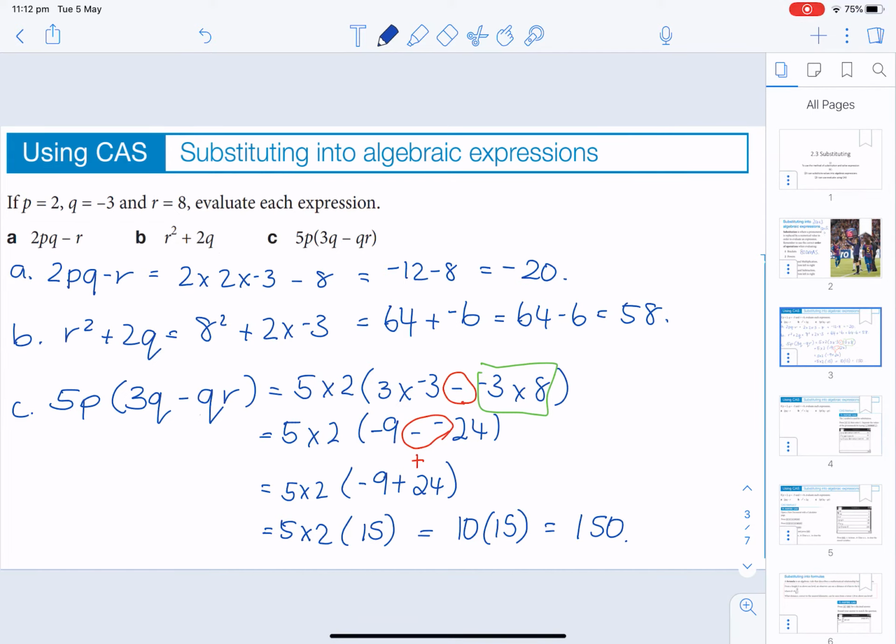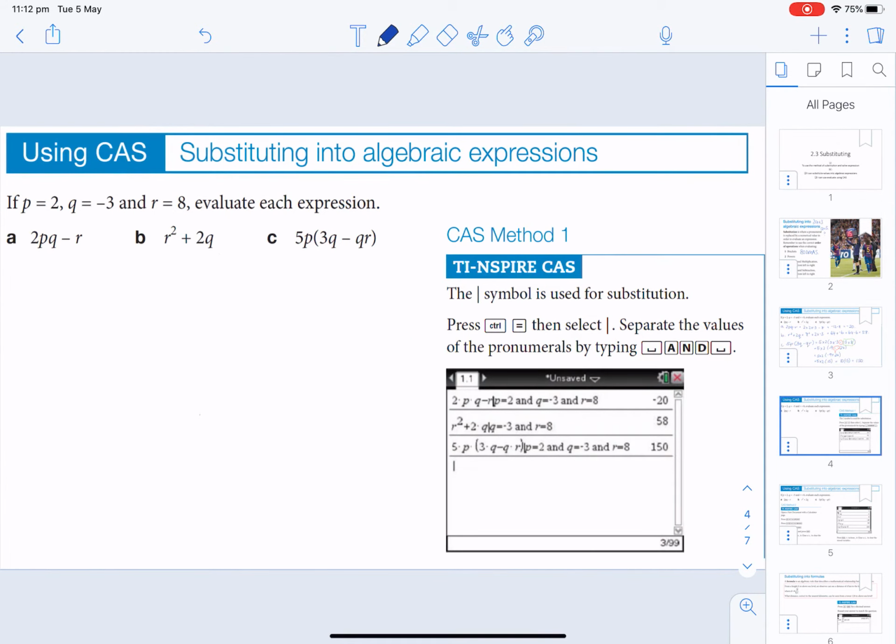So I've done this step by step without having to use the CAS at all. Now on to CAS instructions. If I was going to put this into the CAS, I'm only going to show you the one.